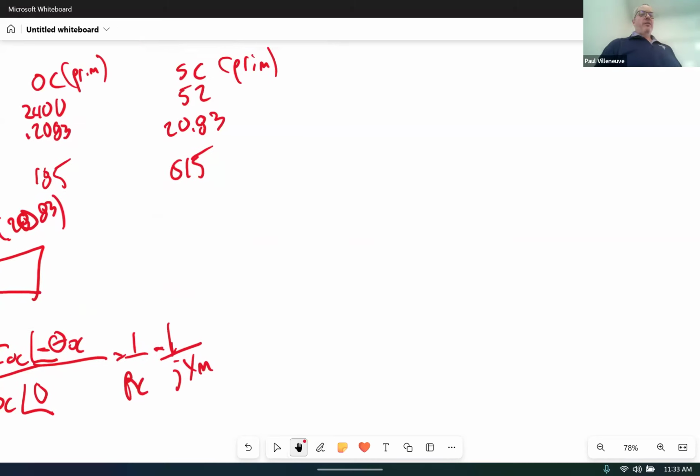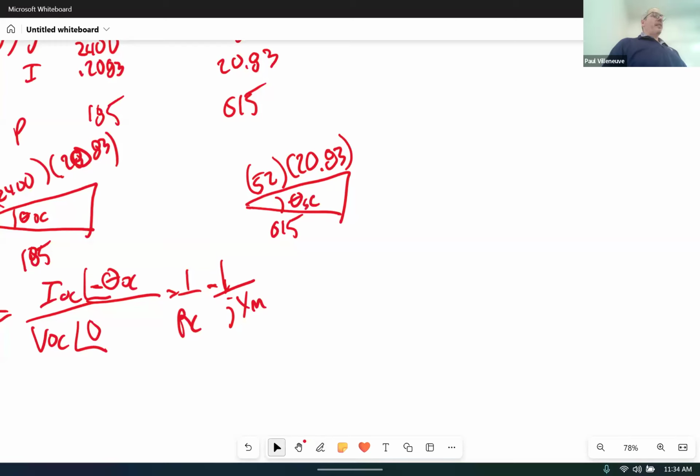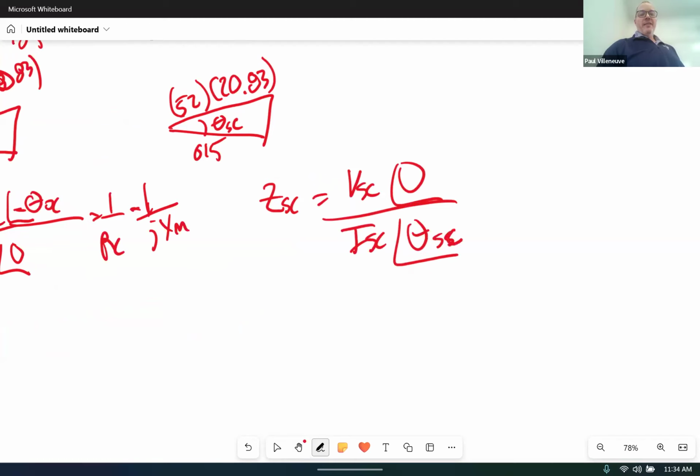To do the short circuit, it looks awfully similar. This is 615. This is 52 times 20.83. Find theta short circuit, and Z short circuit is V short circuit at an angle of 0 divided by I short circuit at an angle of negative theta short circuit.